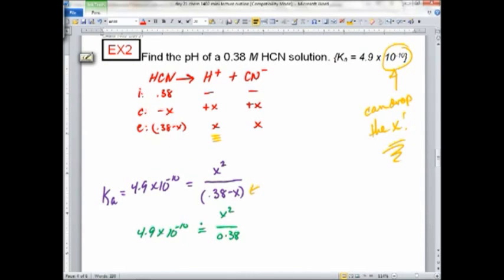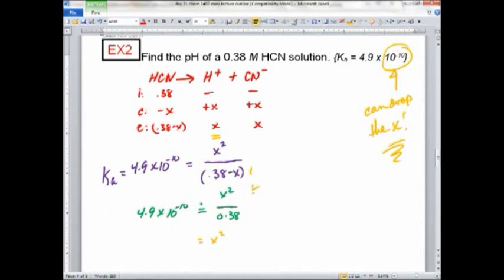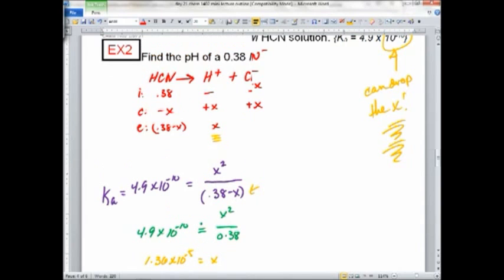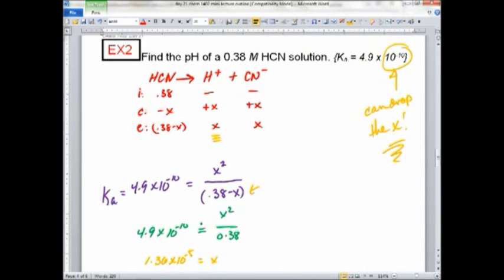We're going to get 4.9 times 10 to the negative 10 times 0.38. I got about 1.36 times 10 to the negative 5 for my x. And they want to know what the pH is.